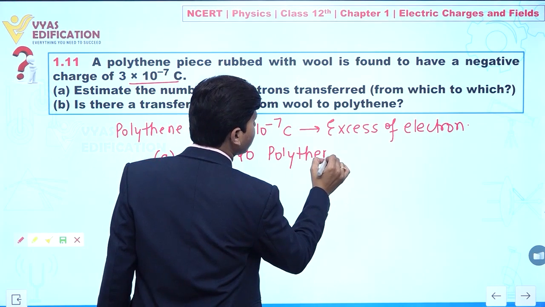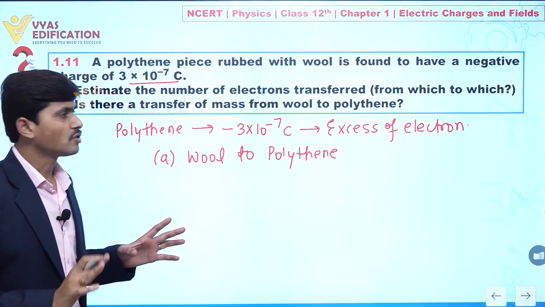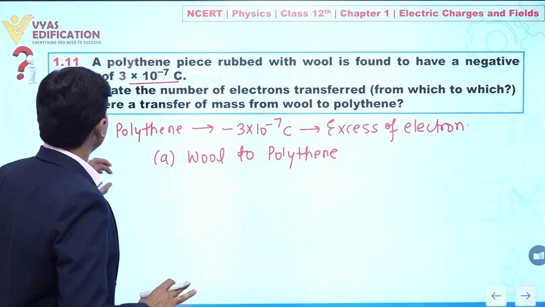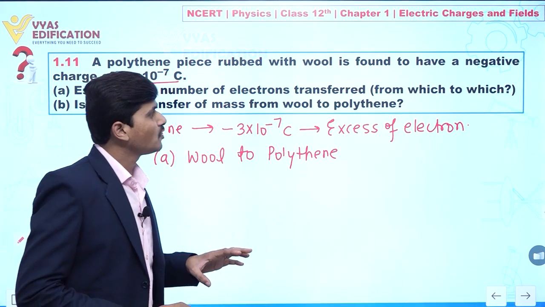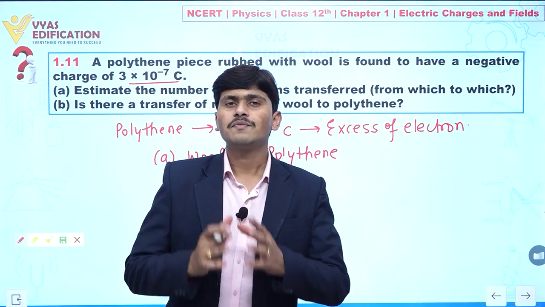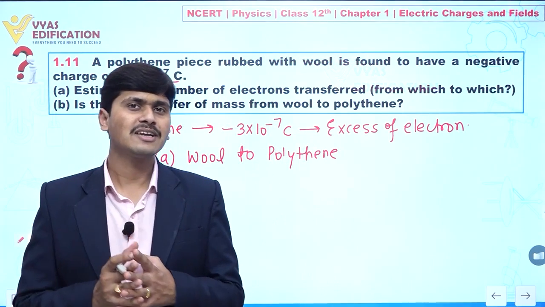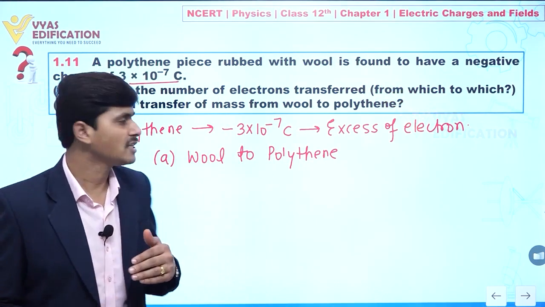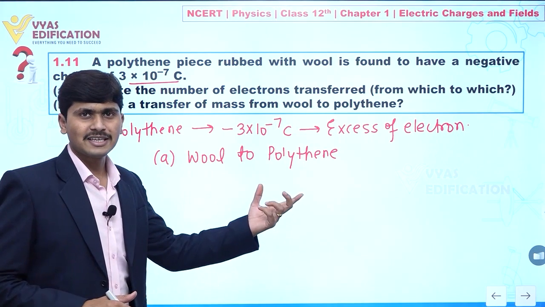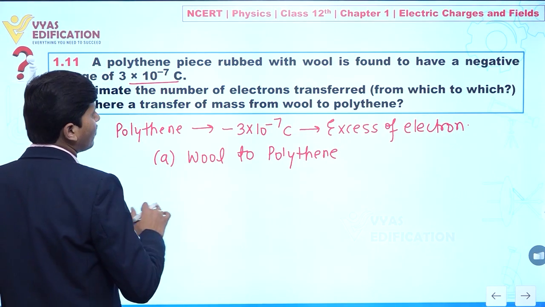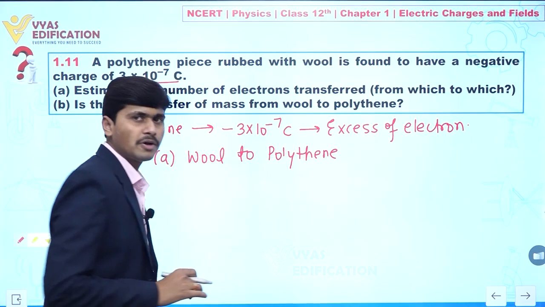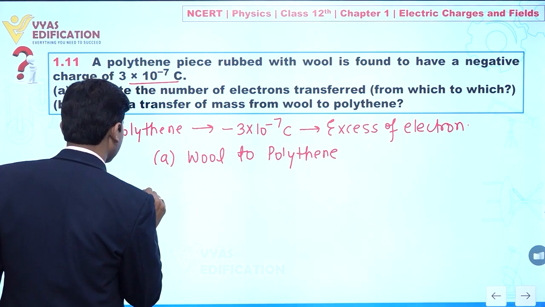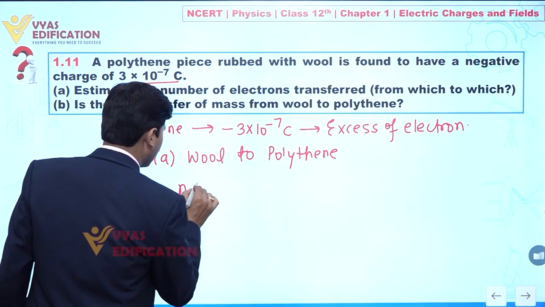Very easy question. Now, is there a transfer of mass from wool to polythene? Yes. For that, we first have to calculate the number of electrons transferred from wool to polythene. It is given that the total charge is 3 into 10 to the power minus 7 coulomb. So we write Q equal to Ne.